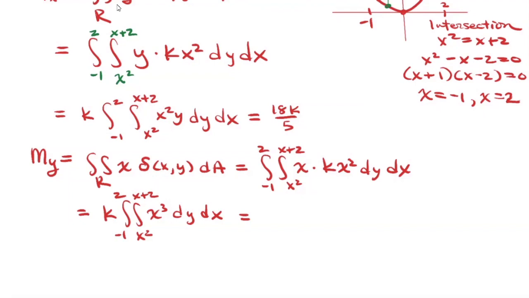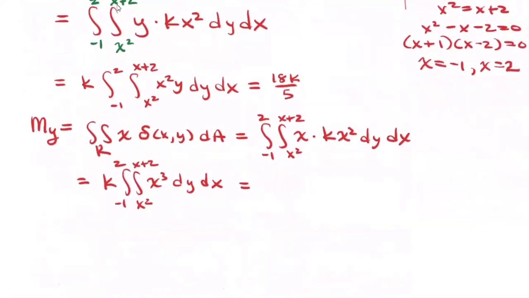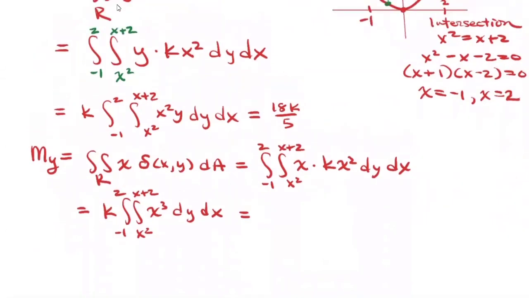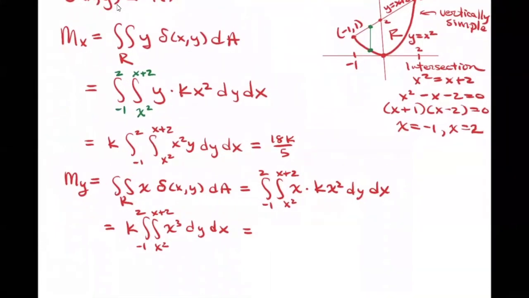Oh, that one's, wait, yeah. I think I got these backwards, dang it. I'm so sorry, guys. So my is 18k over 5, so I've got the answer switched on these. It is mx that comes out to be, see if I can find it.